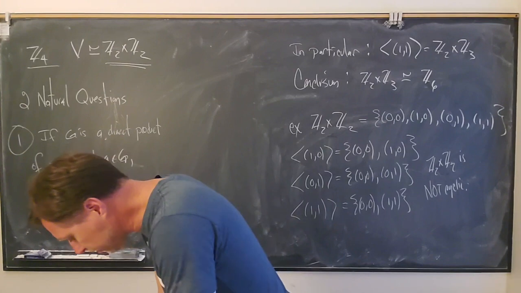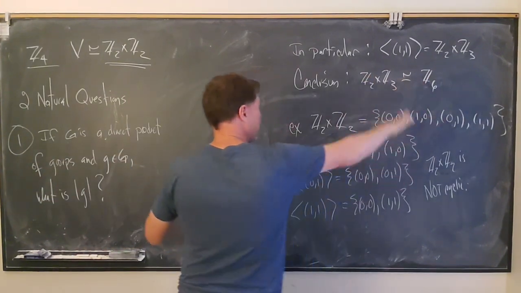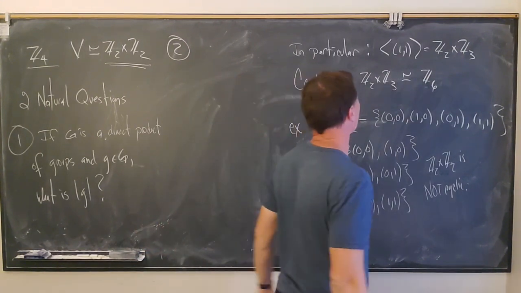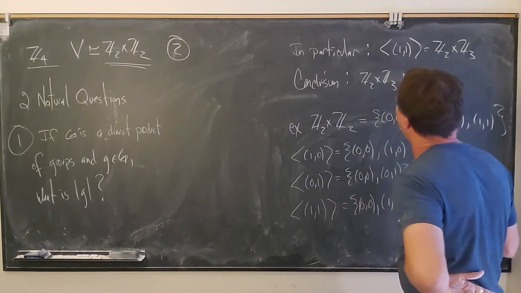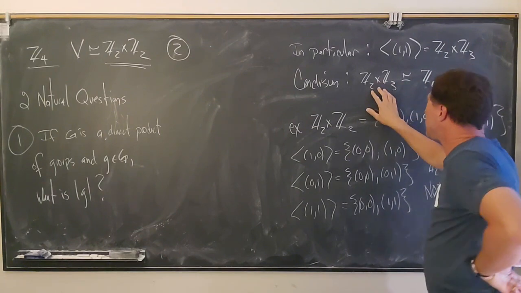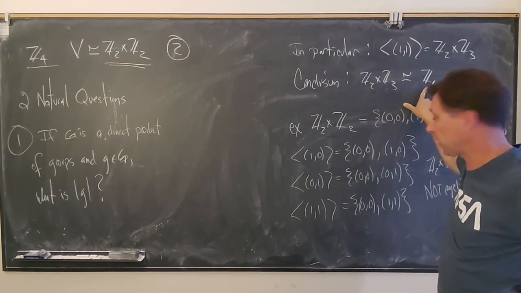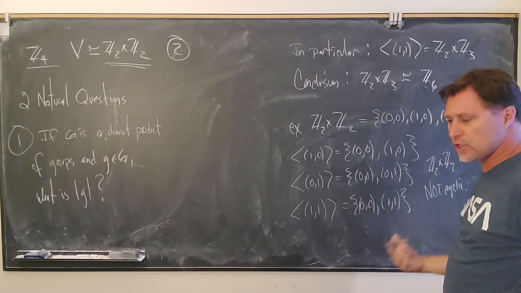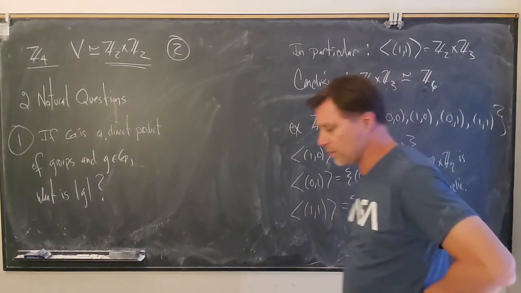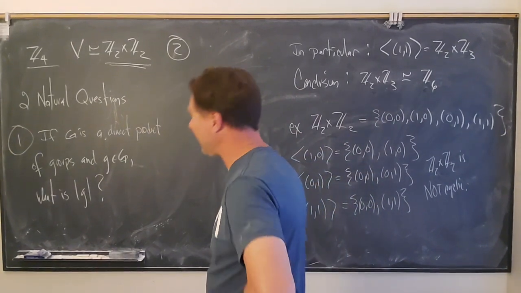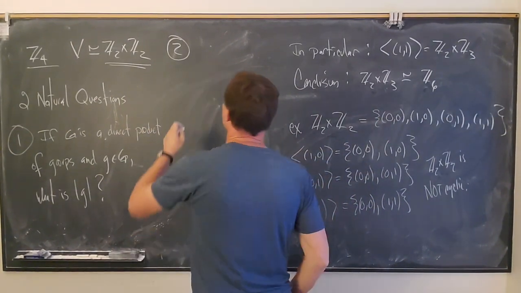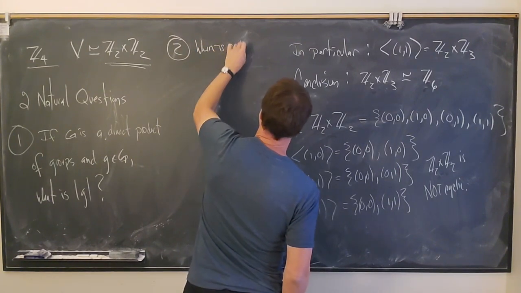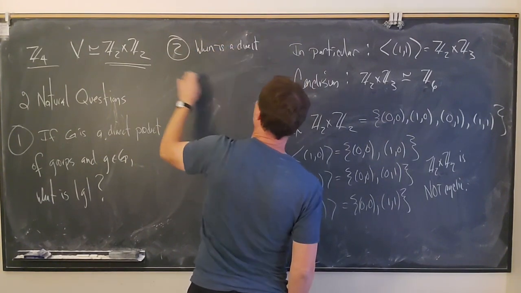And a second question is related to this thing we did here, where we took the direct product Z2 cross Z3 and found that it was cyclic. Then we did Z2 cross Z2 and found that it was not cyclic. So there's a general question: if you have direct products, when is the resulting group cyclic?